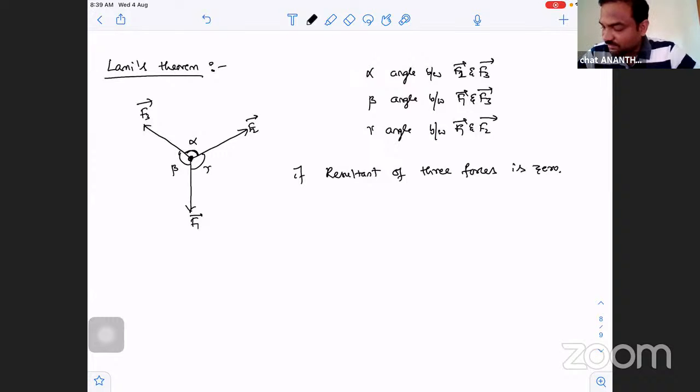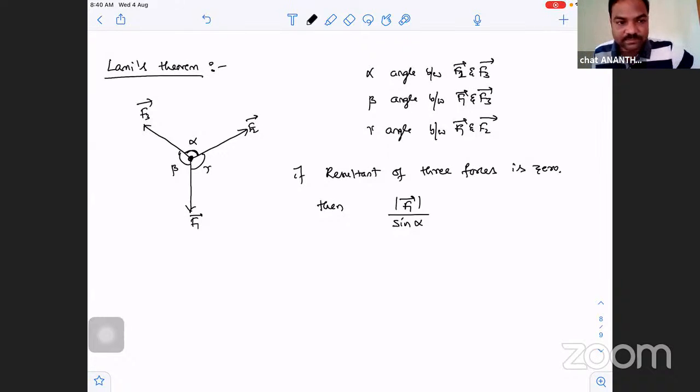If the resultant of three forces is zero, then we can write down some relation. What is that? F1 bar magnitude, the first vector magnitude, by sine of the angle between the other two vectors. What is the logic here? F1 magnitude by sine of the angle between F2 and F3, which is alpha, so sine alpha.